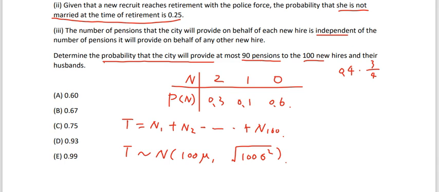So what are mu and sigma squared? We need a little calculation. Mu, the mean, is 2 times 0.3 plus 1 times 0.1, so 0.7.